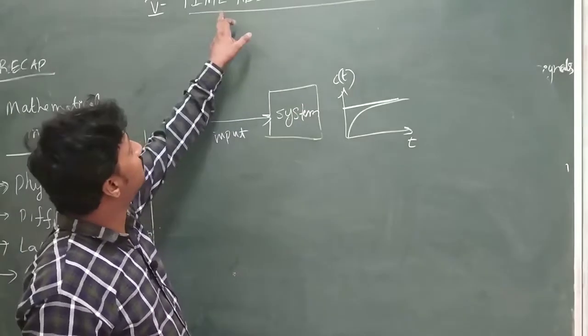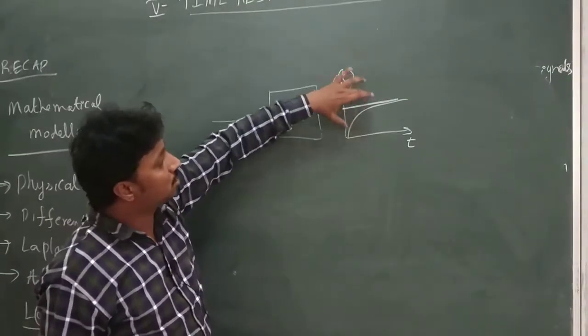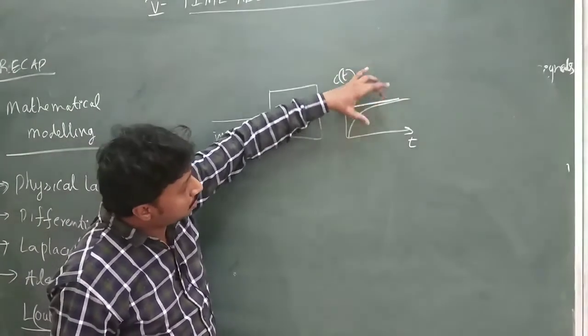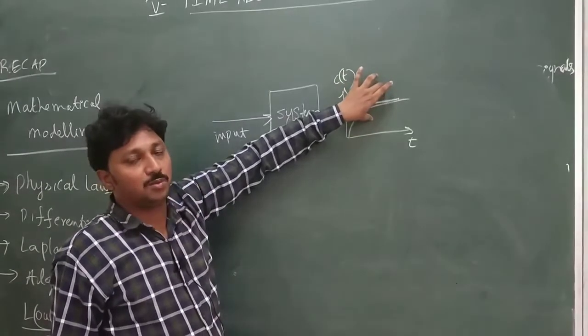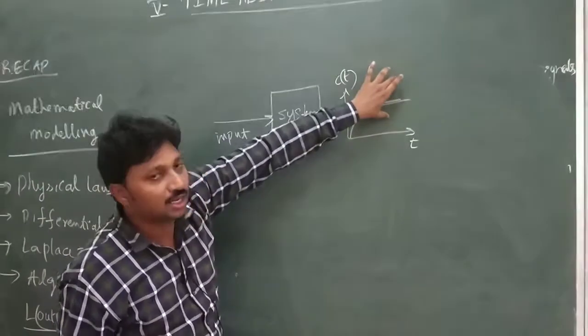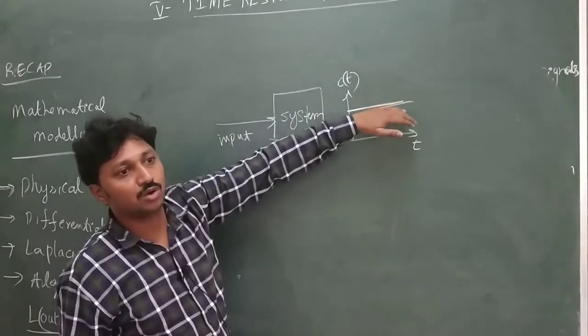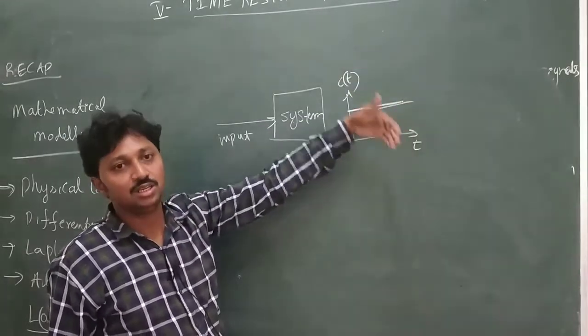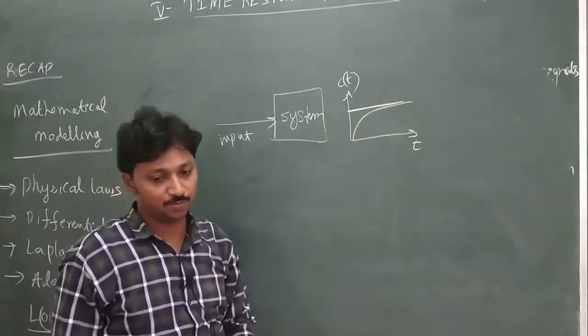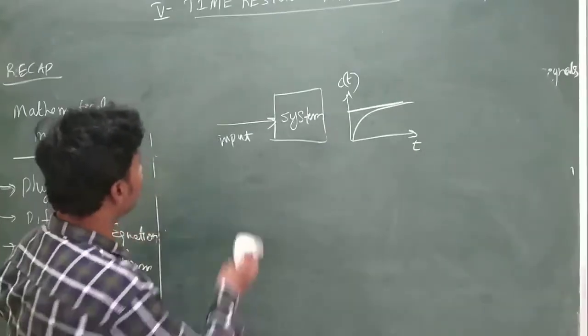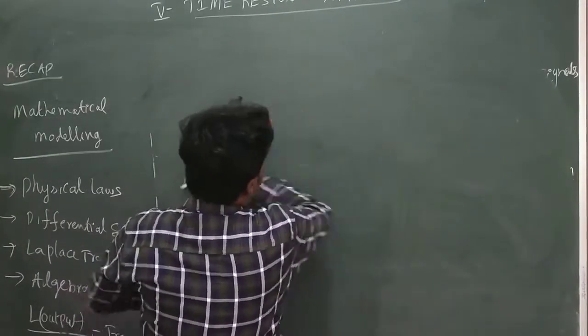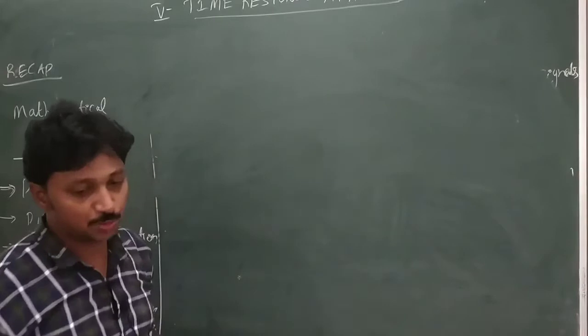As the title says, time response analysis. So your response is in the time domain, right? So you are going to analyze the system in the time domain. So I just recall you, time response analysis, what is important?